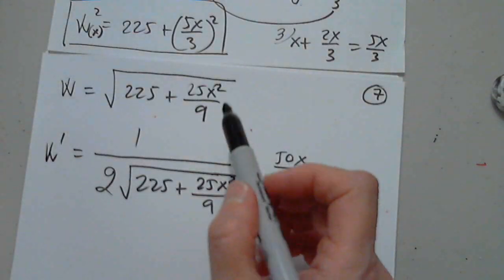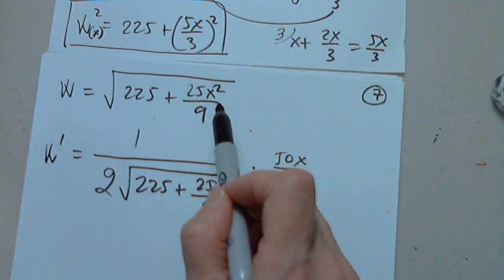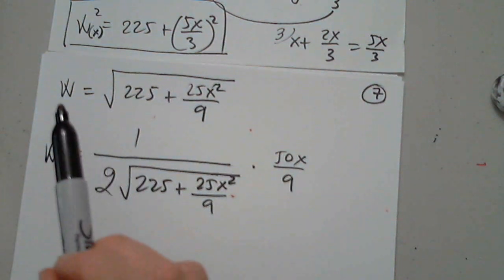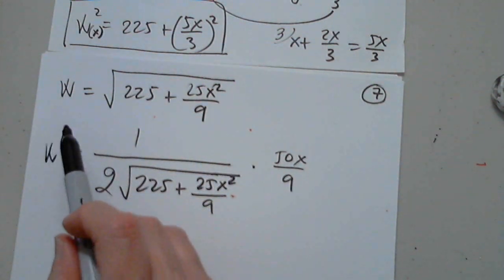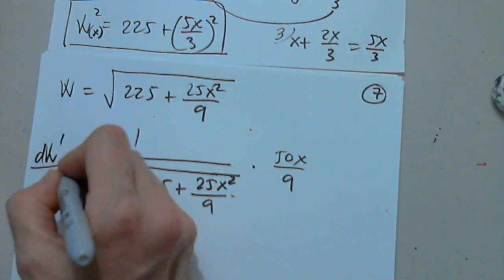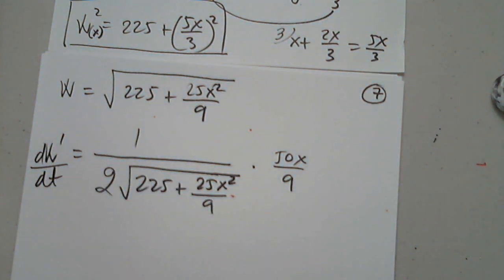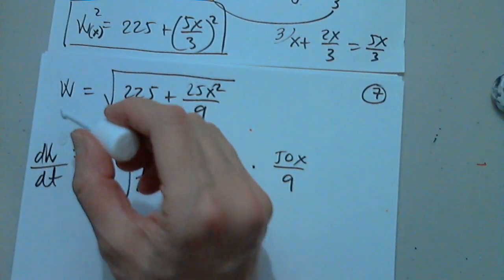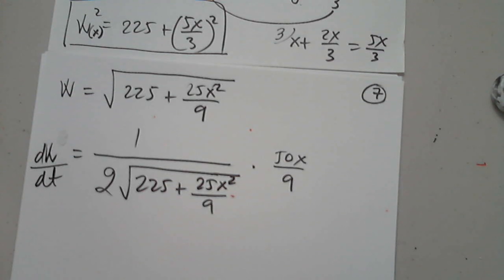And 25x squared over 9, that's correct. W prime, I'm sorry. I should really write dw over dt, not that notation. Okay, so let's see.